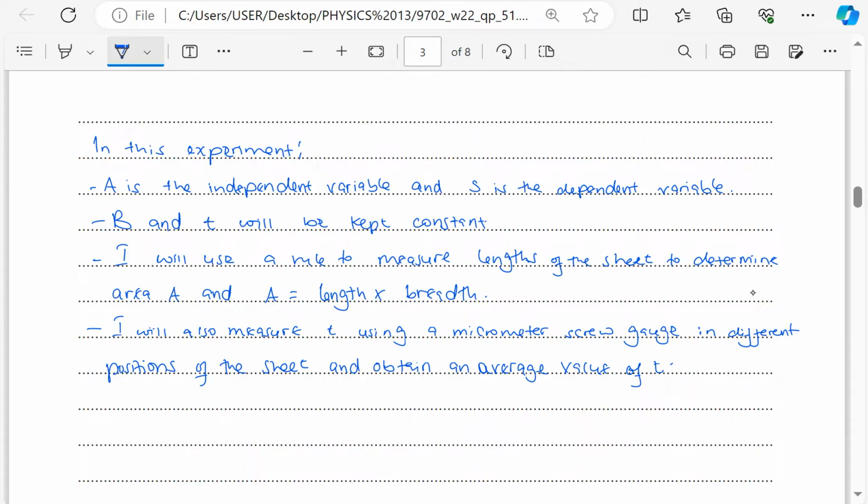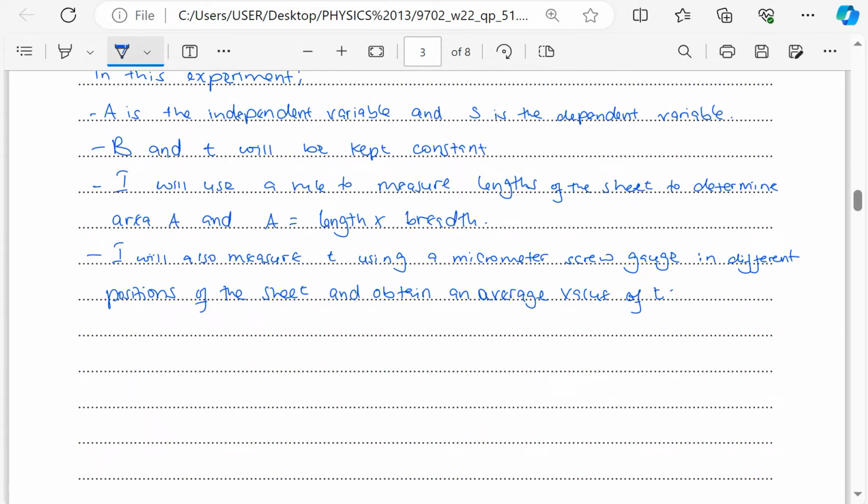Okay, so I think I have mentioned most of the measurements I would like to take. I haven't measured the magnetic flux density of the magnet I'm going to use. So I'll also measure B using a calibrated Hall probe.